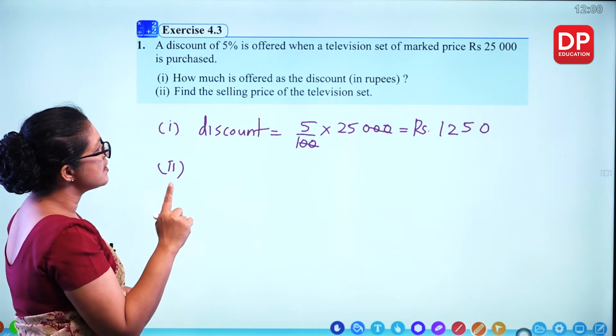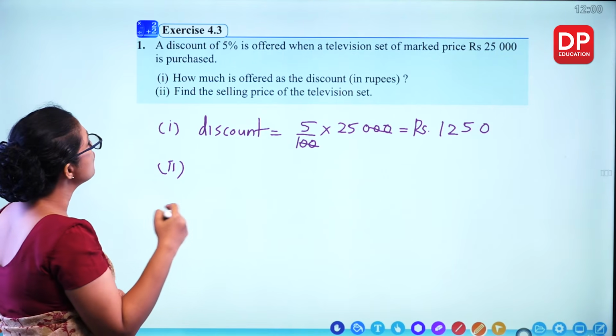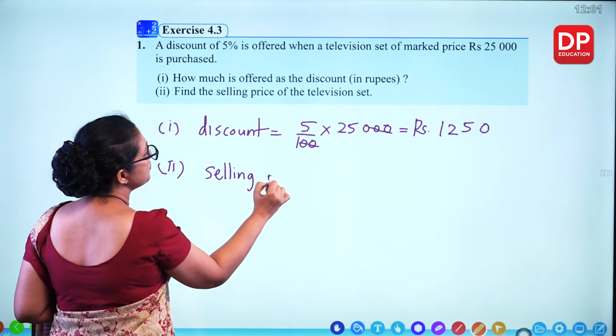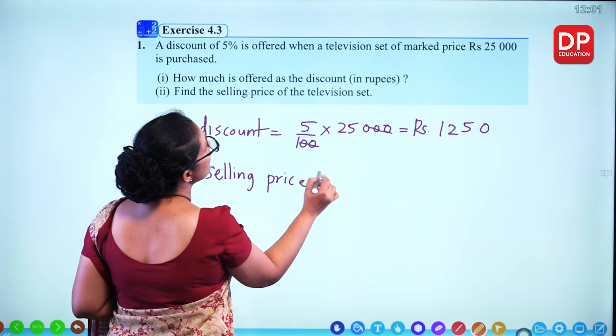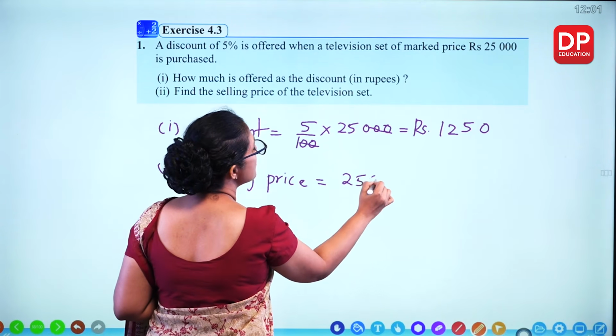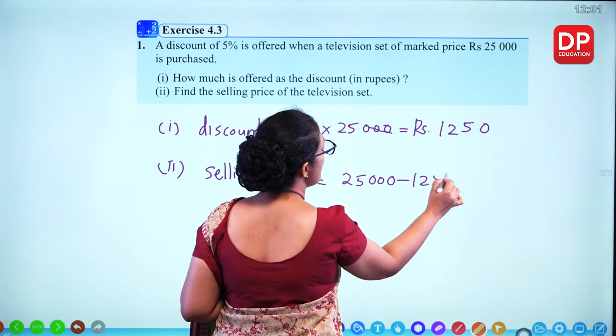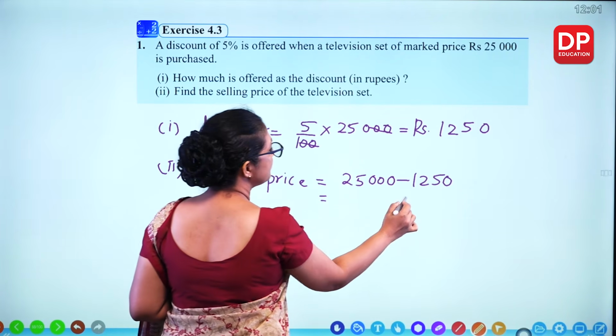So the discount is 1,250, so you have to subtract. So the selling price is, marked price is 25,000, subtract 1,250.